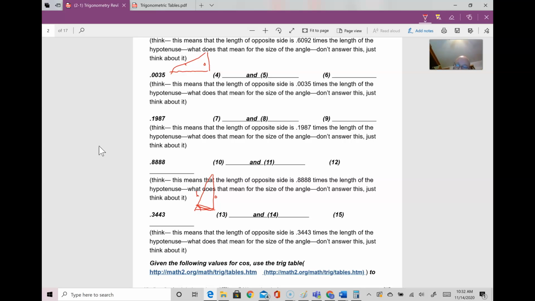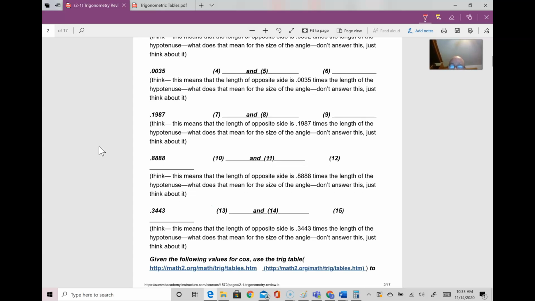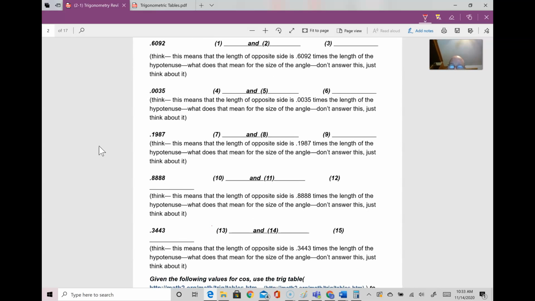So think about the idea that the length of the opposite side compared to the hypotenuse will determine how great that angle is. So the longer the opposite side compared to the hypotenuse, the greater the angle will be. I just wanted you to think about that.